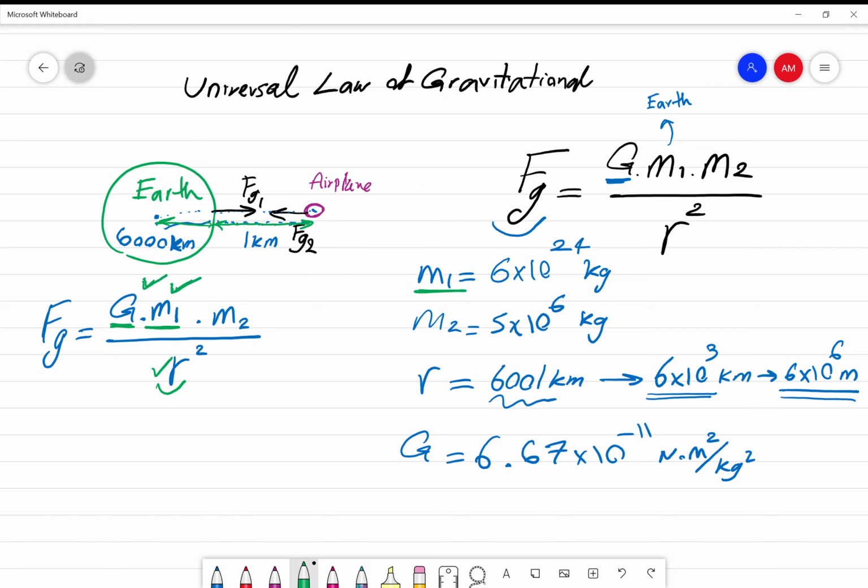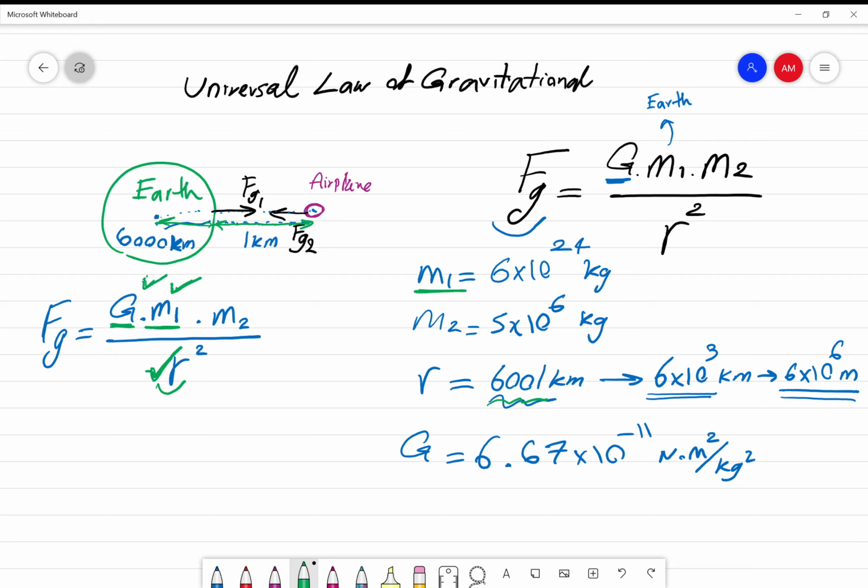The value for M1 is always constant because that's the mass of Earth. The value for R squared is also constant. It's always 6,000, roughly. Because I know sometimes it's 6,001, sometimes it's 6,000 point something, but roughly we can say it's always equal to 6,000.